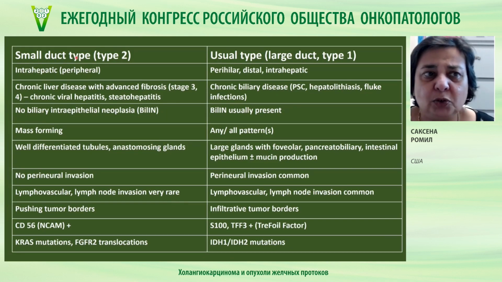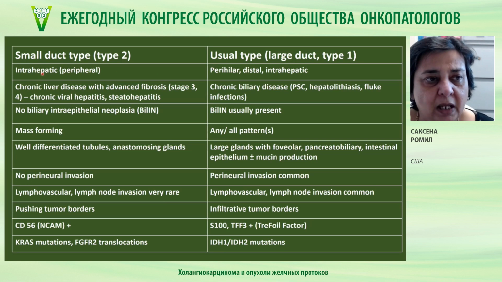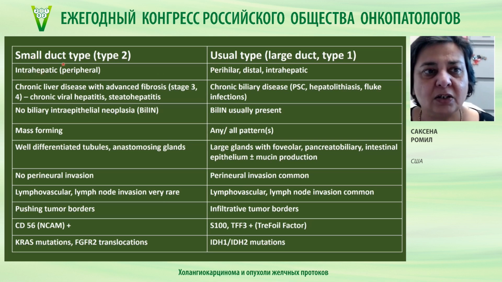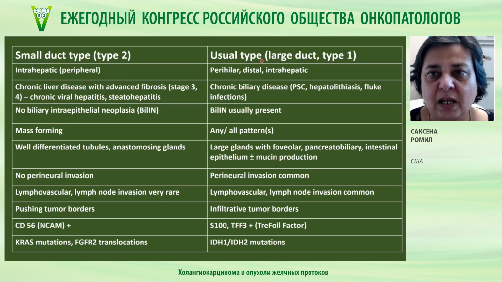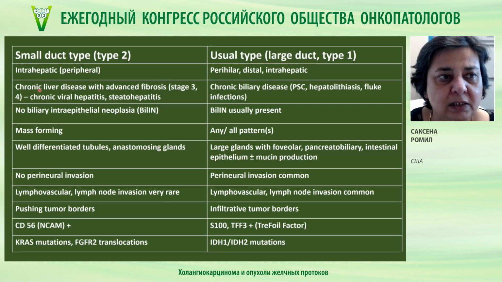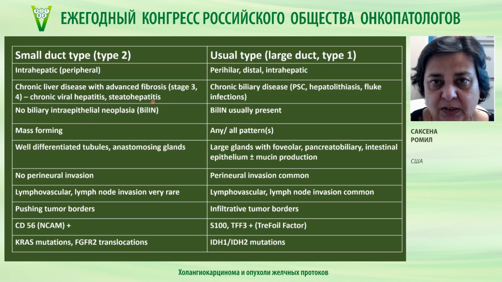So the differences between the small duct type and the usual or large duct type of cholangiocarcinoma is that small duct type is usually intrahepatic and occurs in the peripheral liver, whereas the large duct type may be perihilar, distal, or intrahepatic. It could occur anywhere. Small duct type is associated with chronic liver diseases with advanced fibrosis, such as chronic viral hepatitis or steatohepatitis.